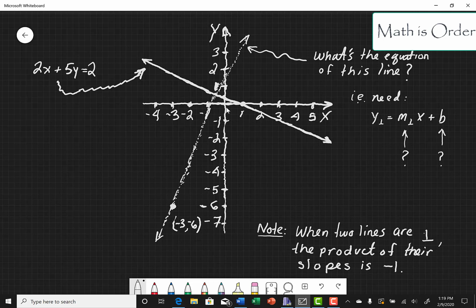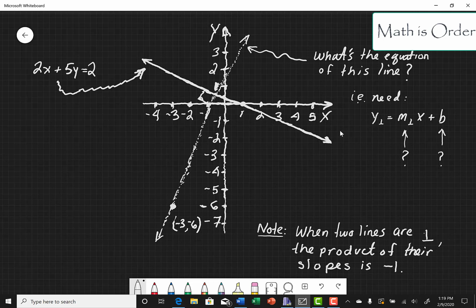Now, perpendicular means the lines intersect at right angles to each other. So right here, I'm going to make a box. This box indicates that these lines intersect each other at right angles, or 90 degrees.